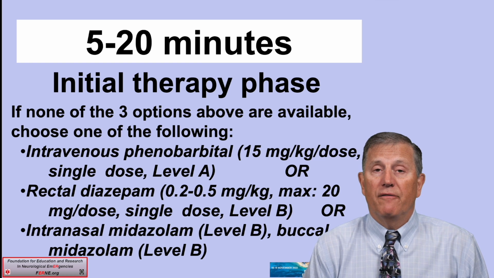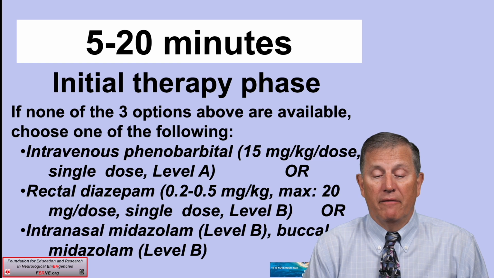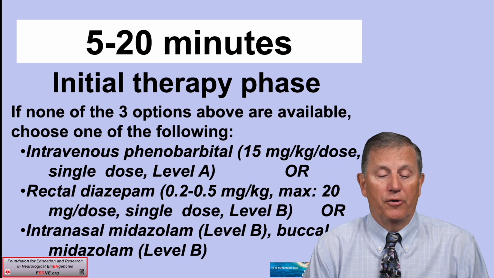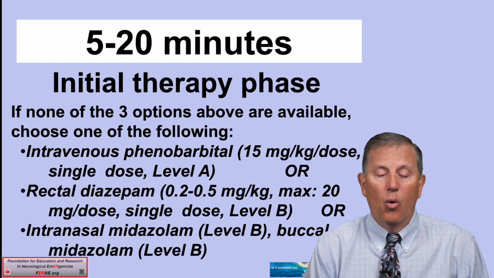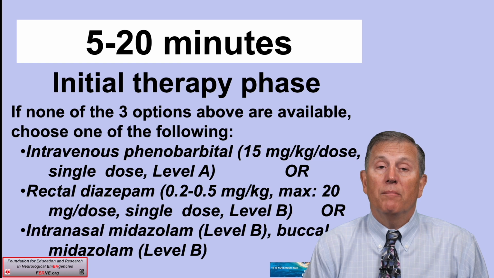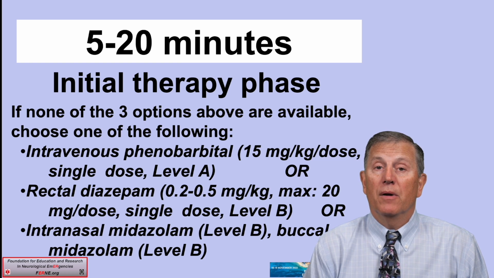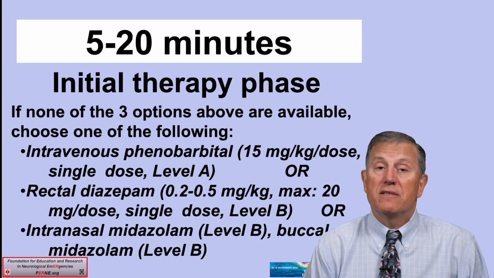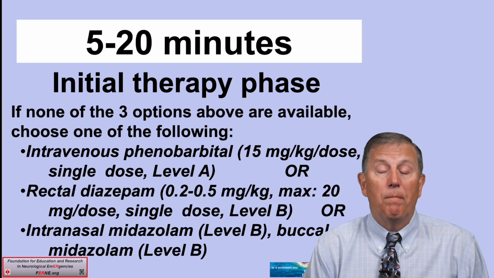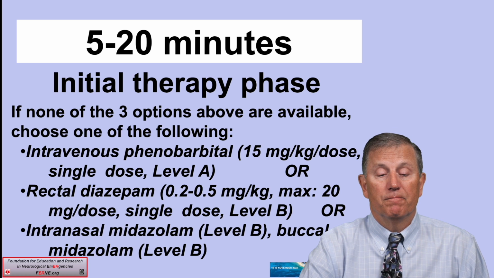But if those are not available for any reason, intravenous phenobarbital can be given, 15 milligrams per kilo per dose as a single dose with level A support, or rectal diazepam 0.2 to 0.5 milligrams per kilo, maximum of a 20 milligram dose as a single dose with level B support, or intranasal midazolam or buccal midazolam, both with level B support.